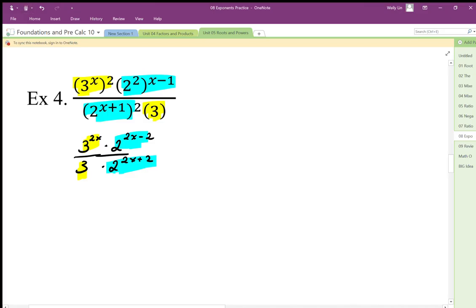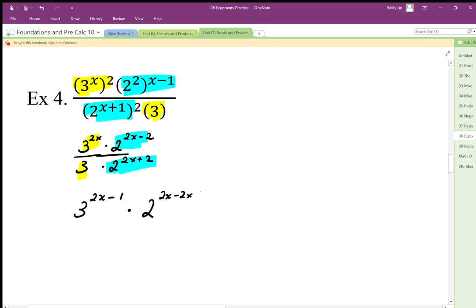I'm going to do the base 3 to the power 2x, and then I'm going to divide by 3 once. Here, I'm going to multiply by base 2, 2x times. I'm going to divide by base 2, 2x times. Well, those are going to just cancel out, so I'm going to subtract the positive exponent with the divide exponent.